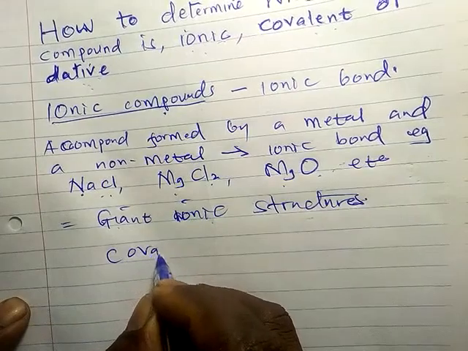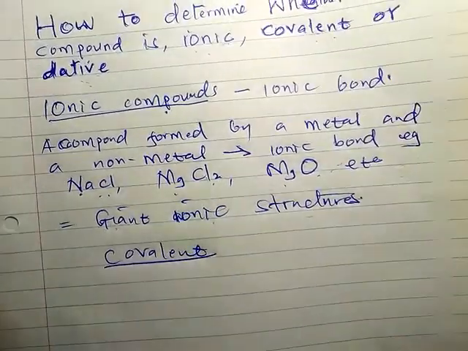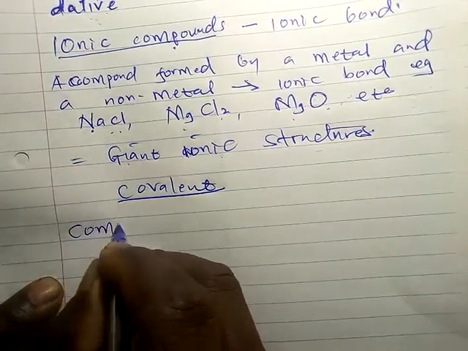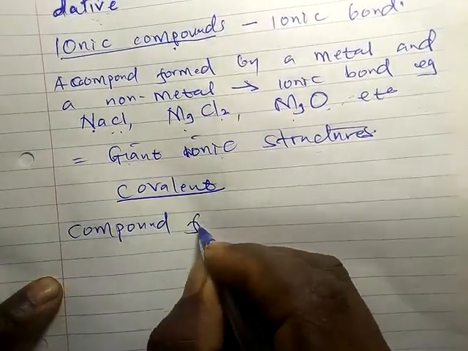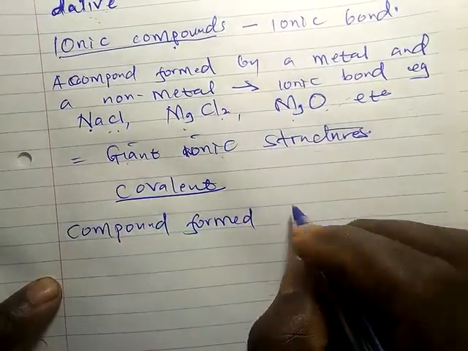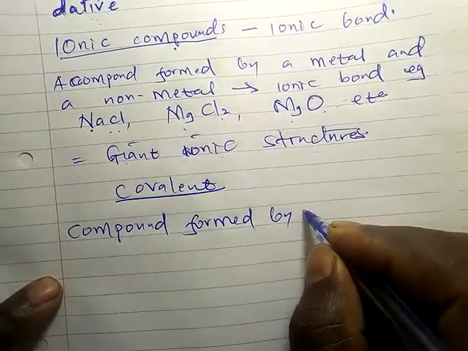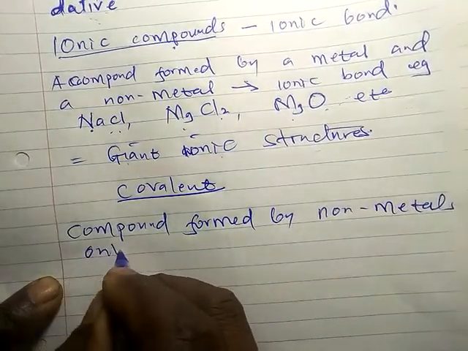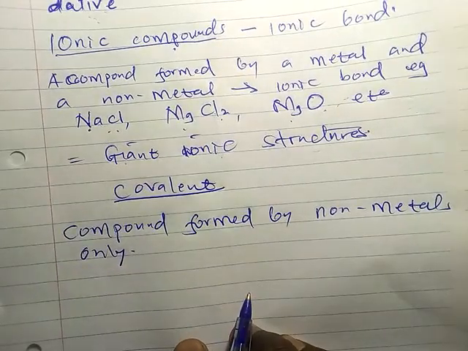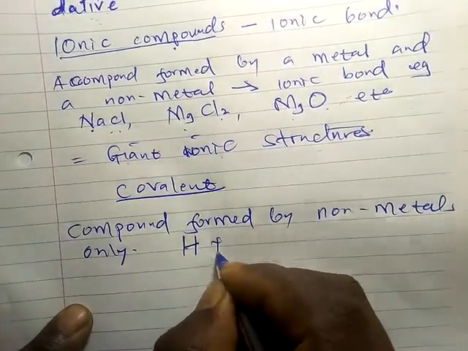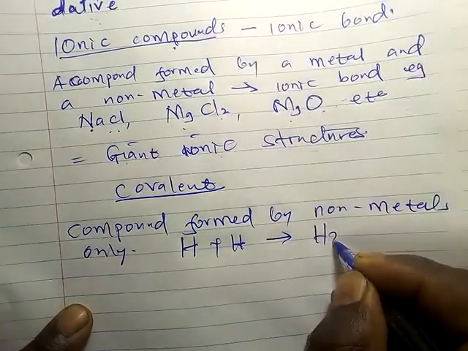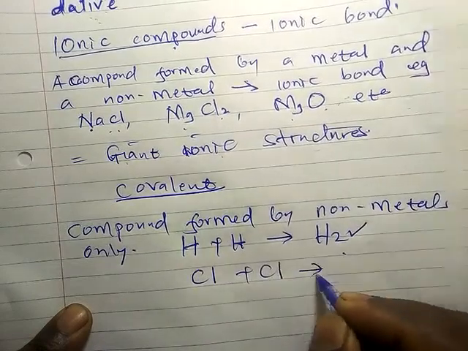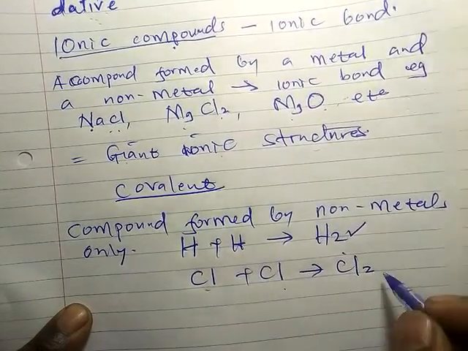So covalent, this is a bond formed in compounds formed by non-metals only. So when two non-metals combine, like hydrogen plus hydrogen, we form hydrogen. Chlorine plus chlorine will form chlorine.